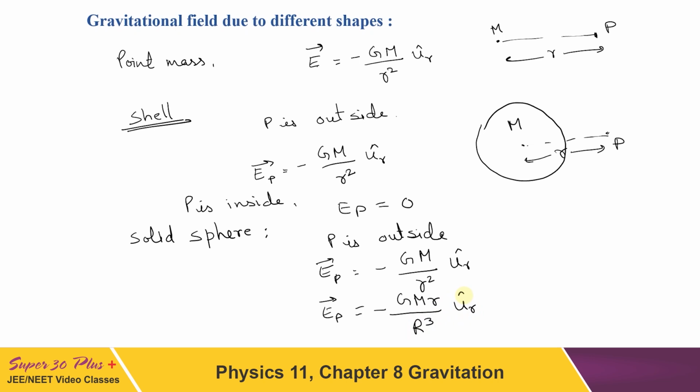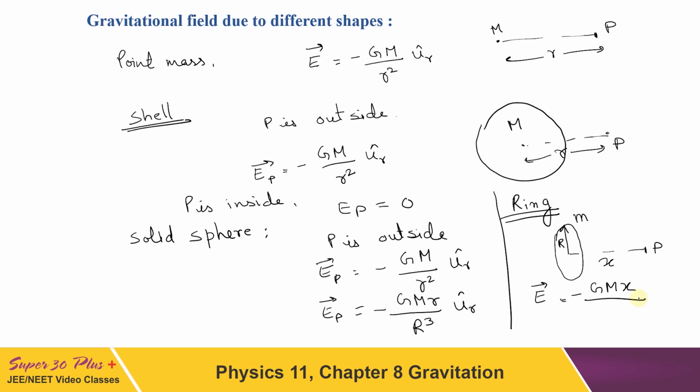What about the ring? One more shape I am going to consider is a ring. This is also very helpful because generally we get questions from these shapes. So if I write the field due to this ring, which is at a distance of x from the center of the ring, the radius of the ring is r, and mass of the ring is m, the field will be minus GMx upon (r square plus x square) whole to the power 3 by 2.